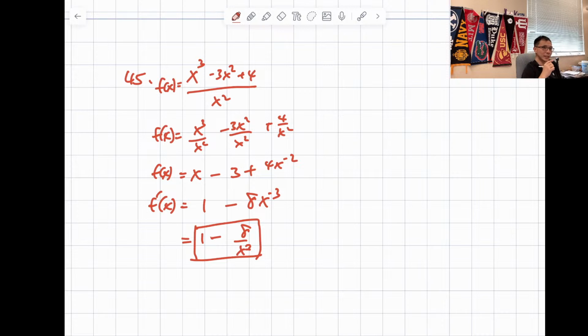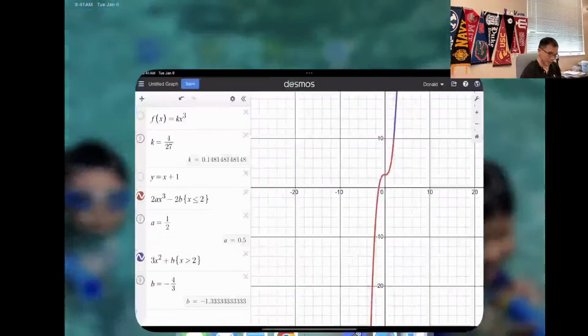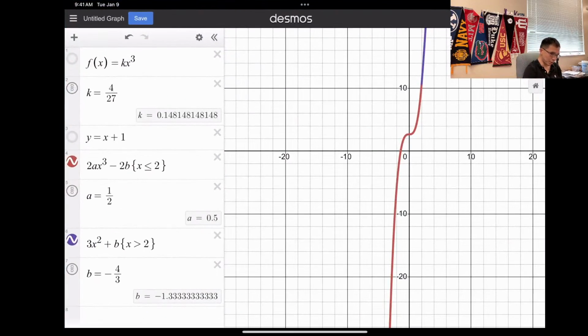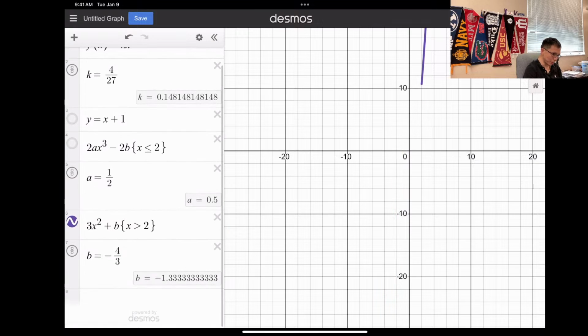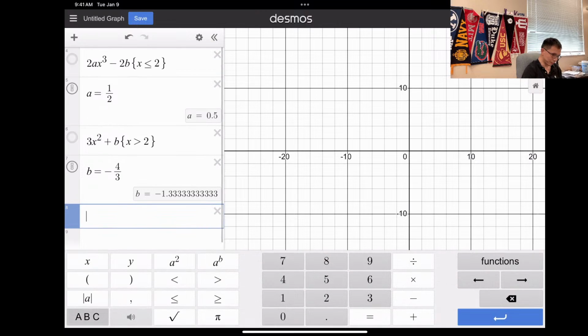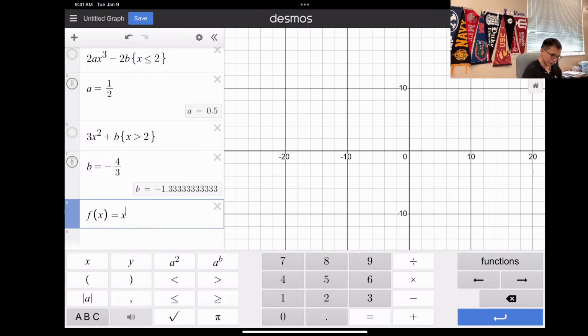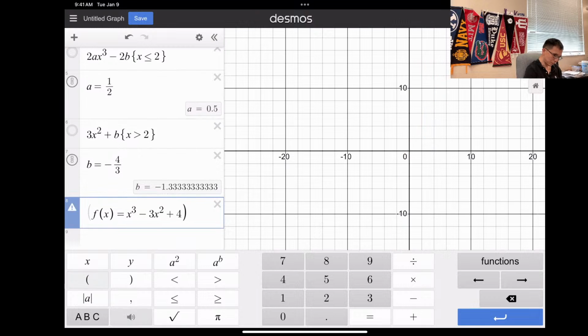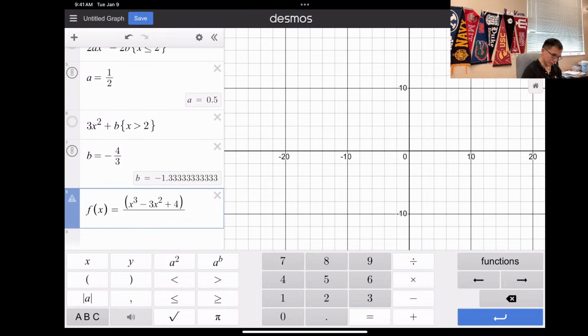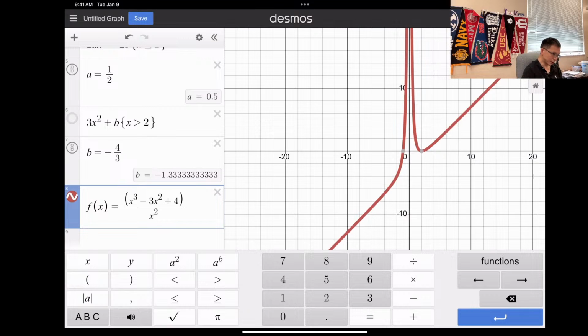Here's the one thing that I would do. I didn't give you an answer for a reason, but you need to learn how to check. So for example, how do I check this answer? Can you tell me what the equation is? F of x is what? x cubed minus 3x squared plus 4, over x squared. Okay, so now the function looks like this.